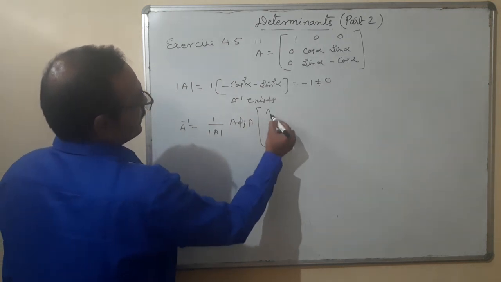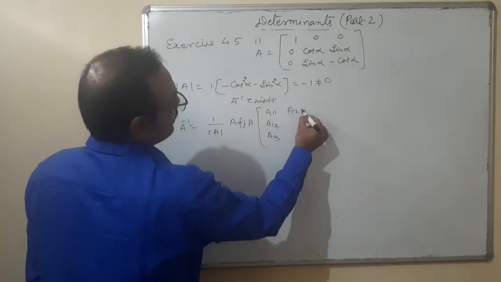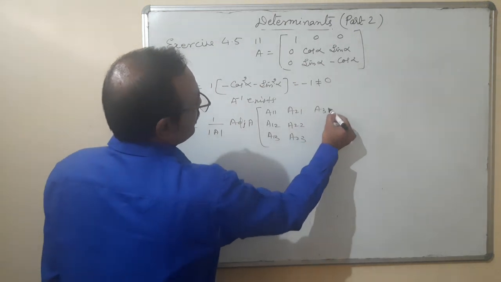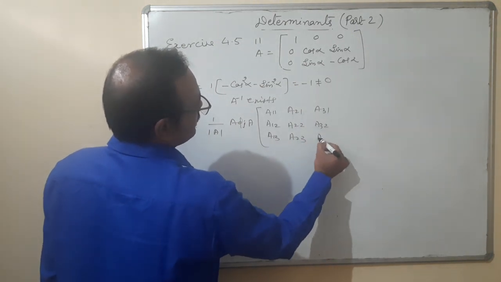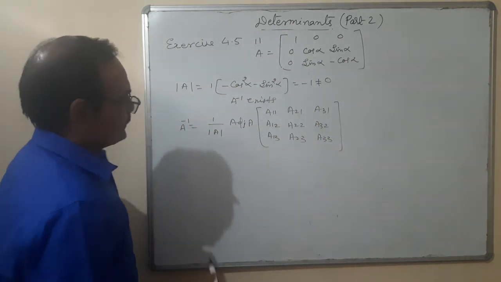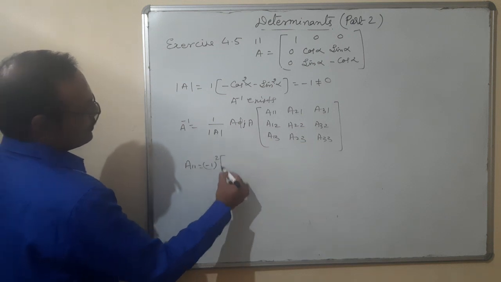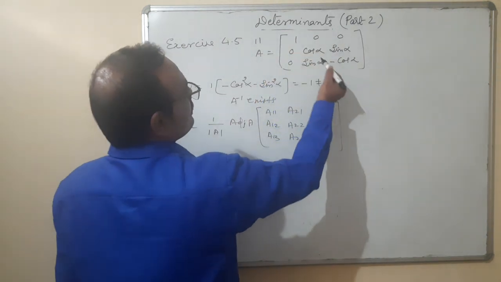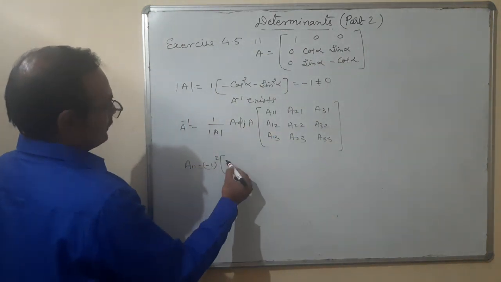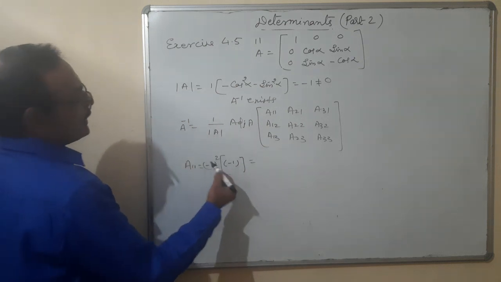And what is the adjoint of A? The cofactors A11, A12, A13, A21, A22, A23, A31, A32 and A33. For A11: minus 1 to the power 2, leaving first row and first column, it is minus cos square alpha minus sin square alpha, which is minus 1.